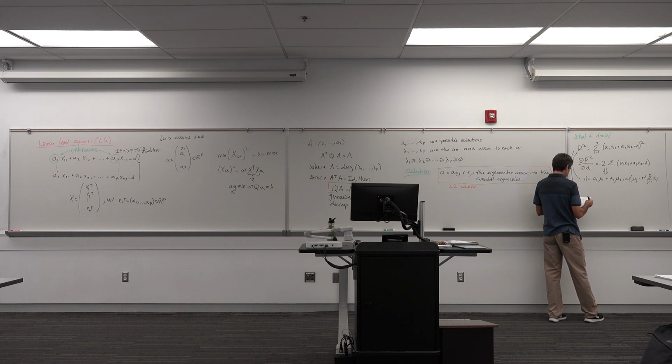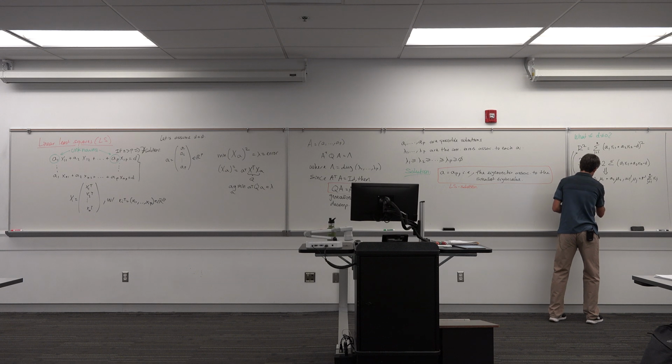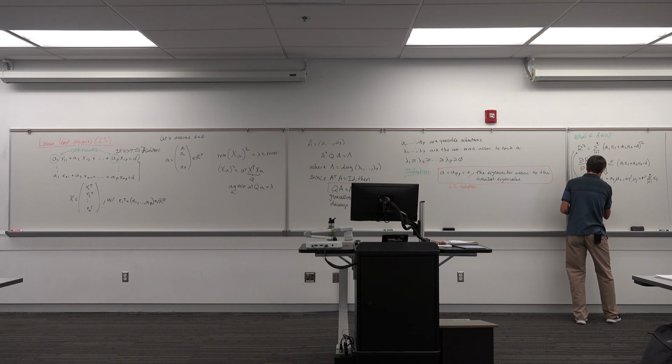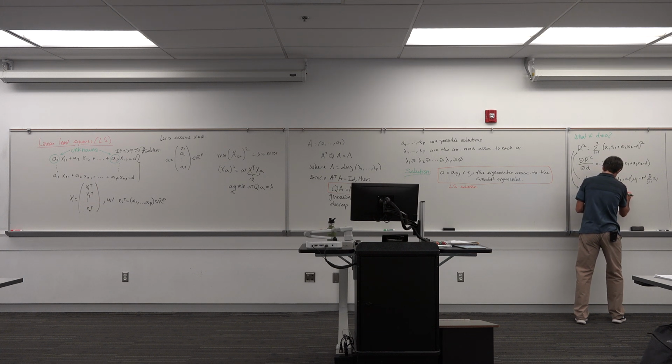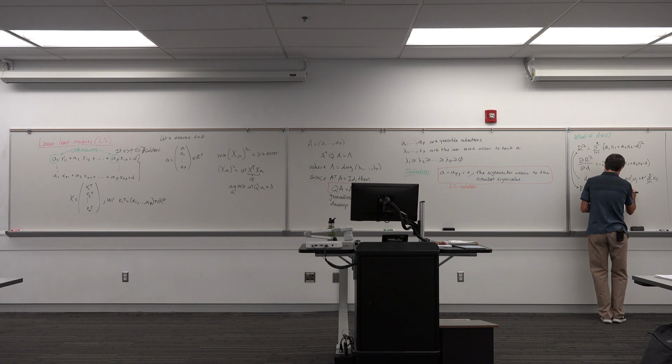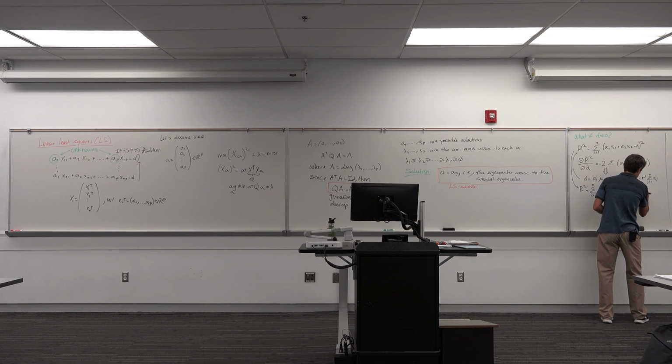I obtain r squared is equal to the sum from 1 through n of A1 times (xi1 minus mu1) plus A2 times (xi2 minus mu2).